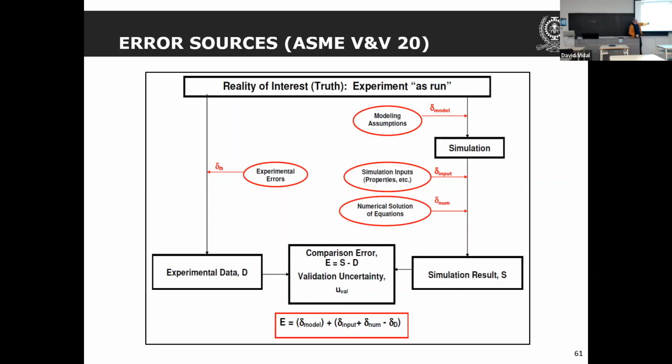So what we will need to compute is this. A simple convergence analysis will help you to determine what we call the grid convergence index, which will give you this value. You can do uncertainty propagation of the input data, and you can get this value relatively easily. Eventually, experimental errors are given to you by the experimentalist.